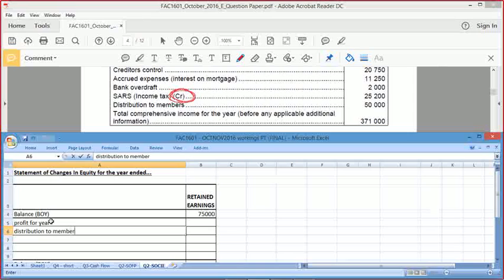Spelling. Members. Okay, how much? 50, right? Distribution to members. Happy so far? Okay, so that is what, 50,000? Yes, it's 50,000. Alright. 100%. Okay, next.